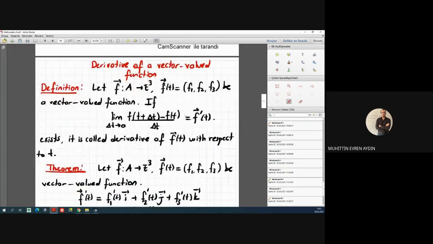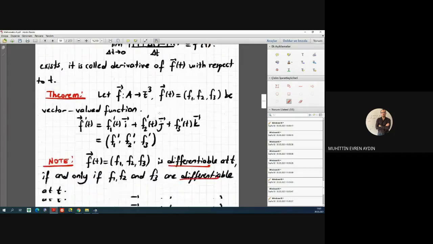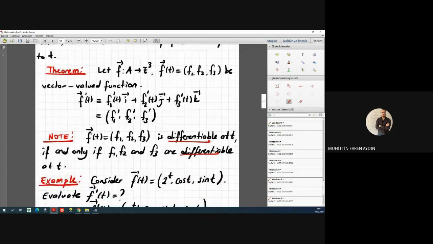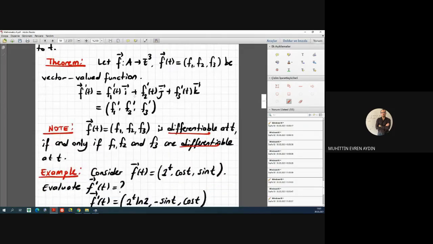Derivative of a vector valued function. If you want to take a derivative of a vector valued function, then you have to take derivatives of the components, and you can see this in the example. Before the example, we may see this theorem: the derivative of a vector valued function is the derivatives of the components.